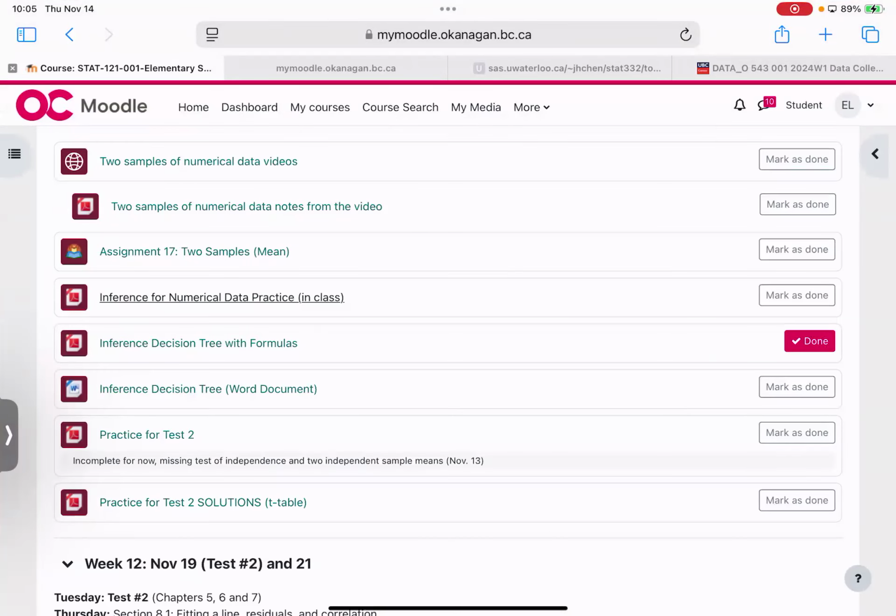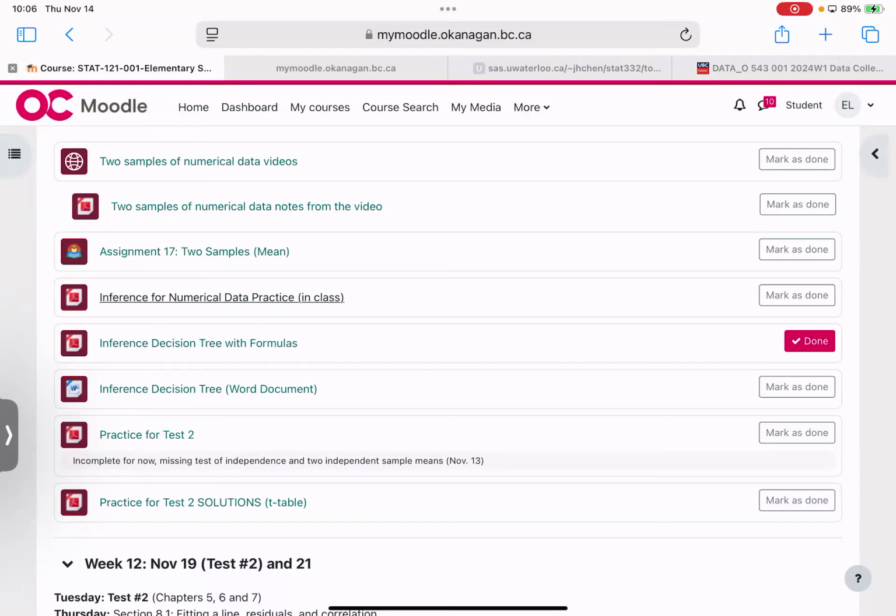I also, because that's the end of chapter 7, which is actually the end of inference that we are going to do, I do want to post a bonus assignment on ANOVA, just like we did for chi-squared. We can compare more than 2 means, right? What if I have 3 or more means, averages across 3 or more groups? And so that's called an ANOVA.